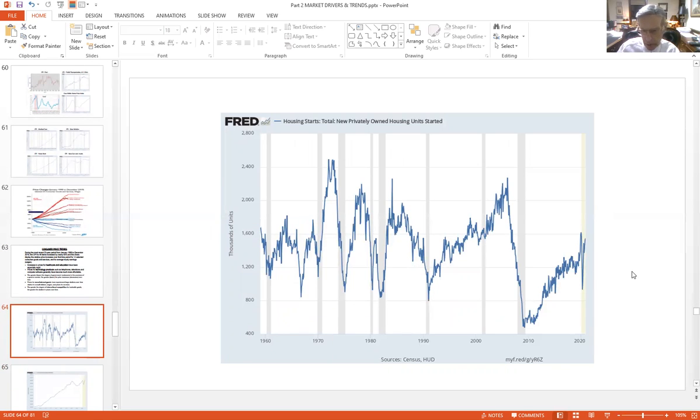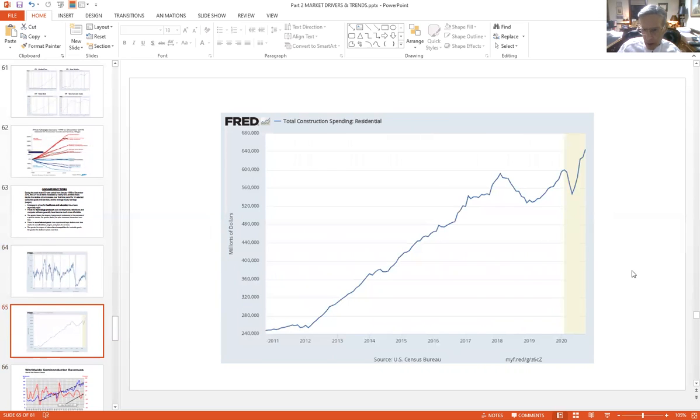So here we have the trend in housing starts, the production of homes. And you can see that they've increased recently, but they haven't gotten up to historic rates. And spending for residential construction did decrease during the pandemic, but picked up again and is now higher than ever.